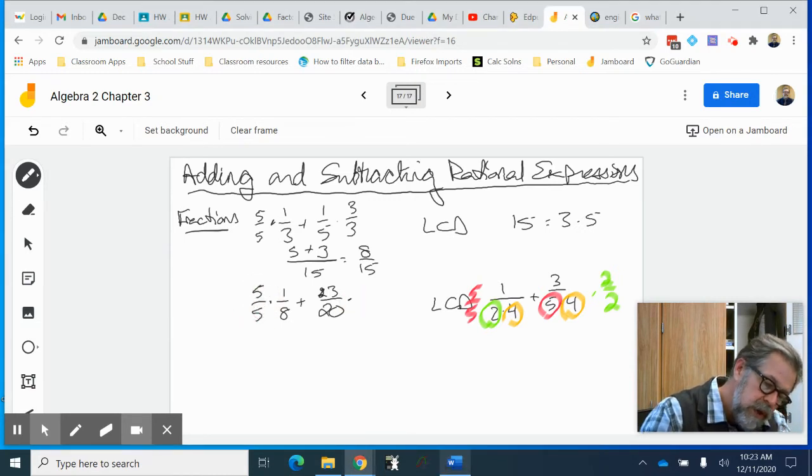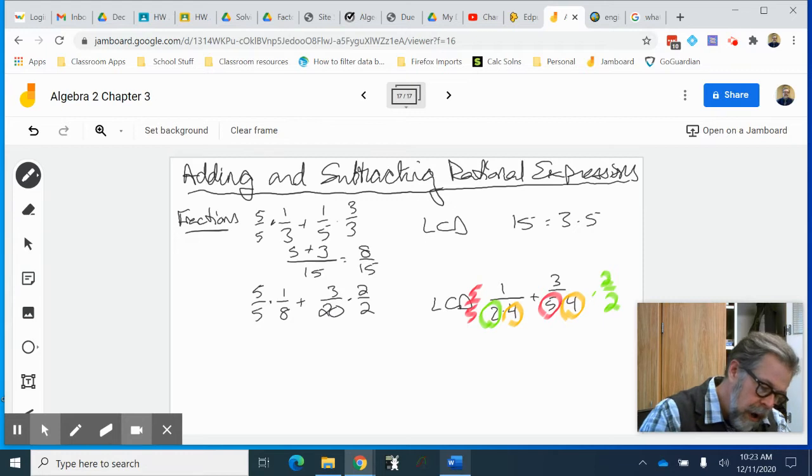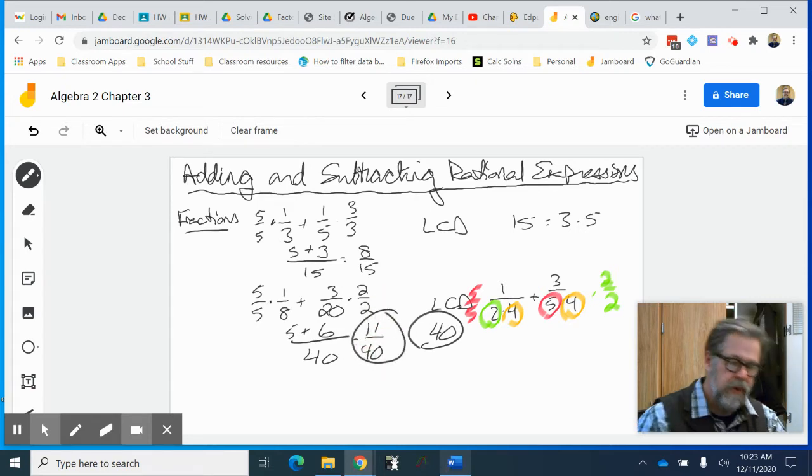I'm going to multiply the 20 by 2 over 2. And we noticed that my least common denominator in this case was actually 40. And I've got 5 times 1 plus 3 times 2, which is 11/40, which does not reduce. So I'm done with the problem.